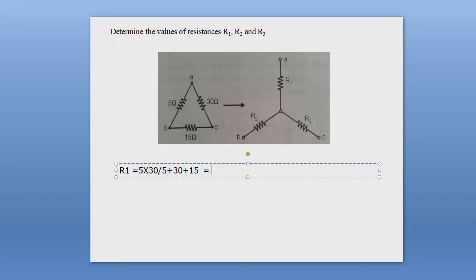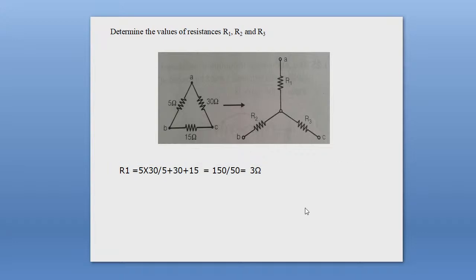So we can write it is equal to 150 divided by 50. So that means you will get ultimately 3 ohms. The value of R1 resistance for the T network is 3 ohms.